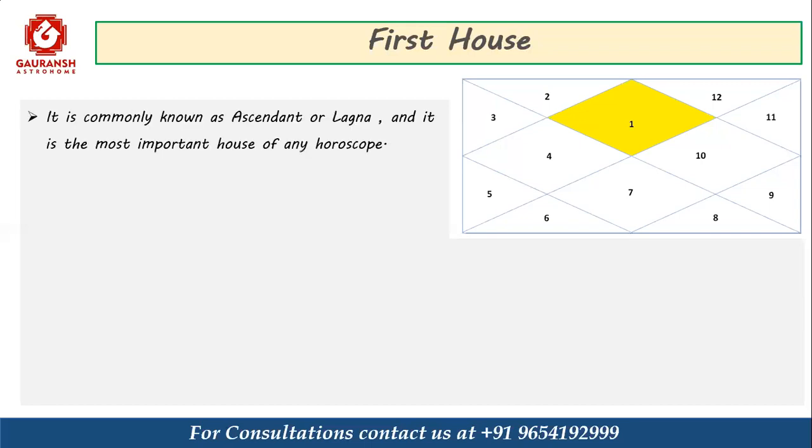So what are the qualities? The first house is known as the ascendant, and it is the most important house in any horoscope. The strength of the lord of this house is very important when we talk about gains from the share market.